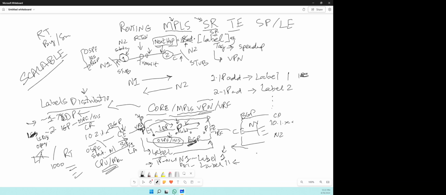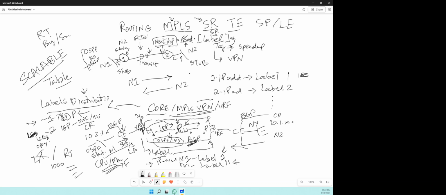That simplifies your state information and your tables. Now you're using CPU and memory to do something else, like forwarding and converging much quicker, but you don't have to maintain large tables for labels anymore. Your source router has all the information to tell you where to go on top of the IGP table.